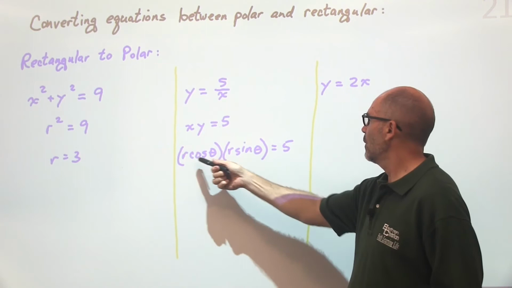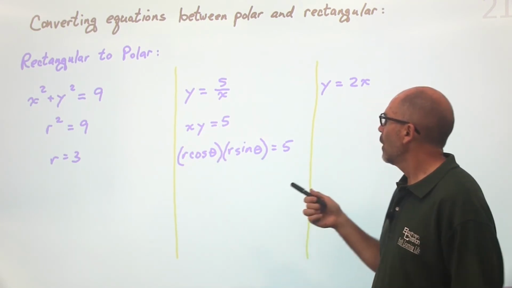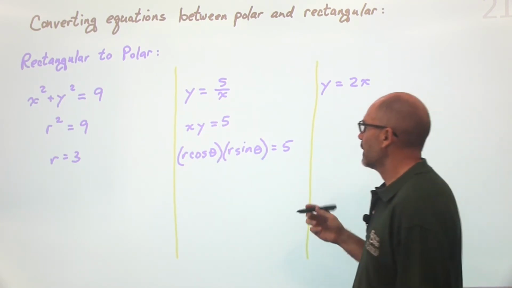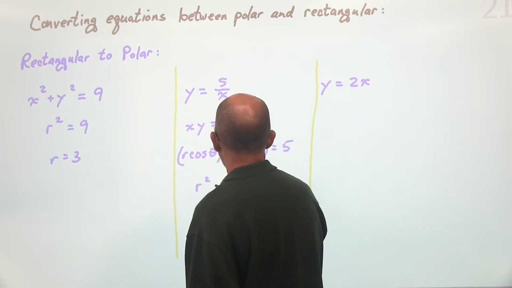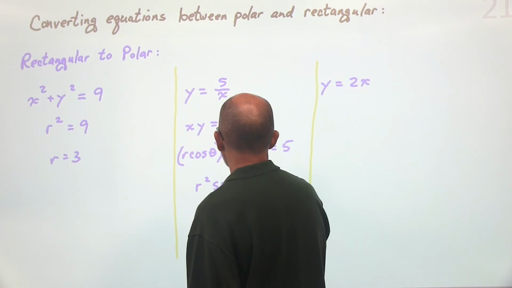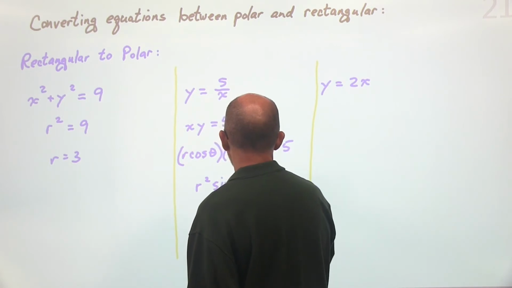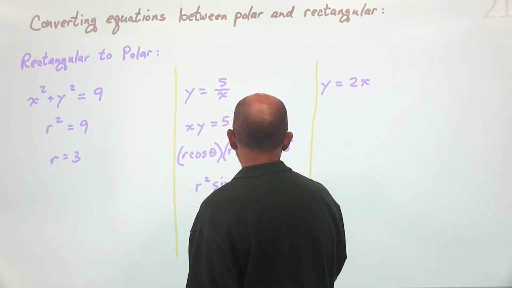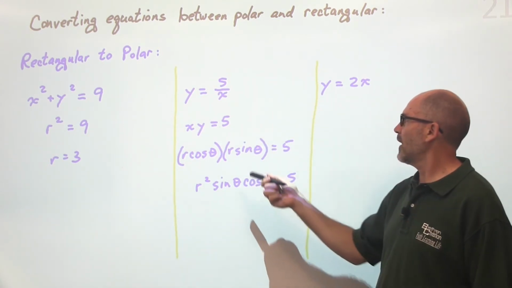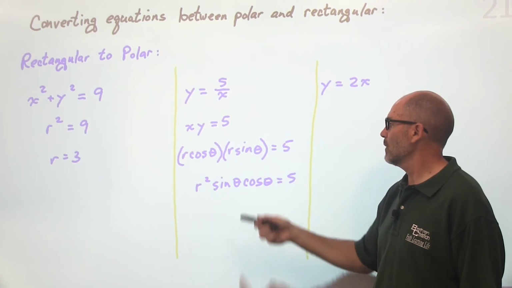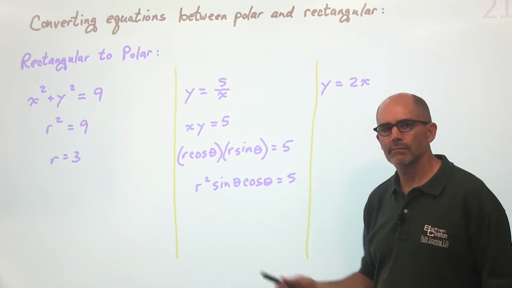There's an equation with nothing but r's and thetas. So we can clean it up a little bit, though. R times r is r squared, and then sine theta cosine theta equals 5. So there's rectangular, there's polar. Piece of cake.